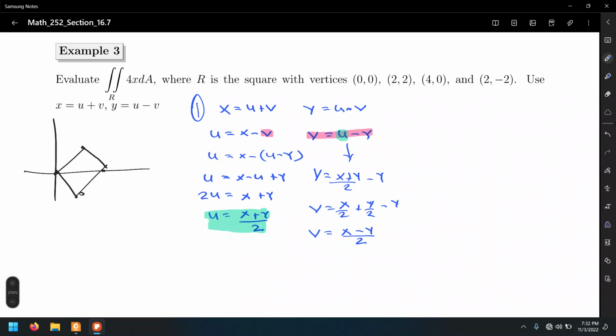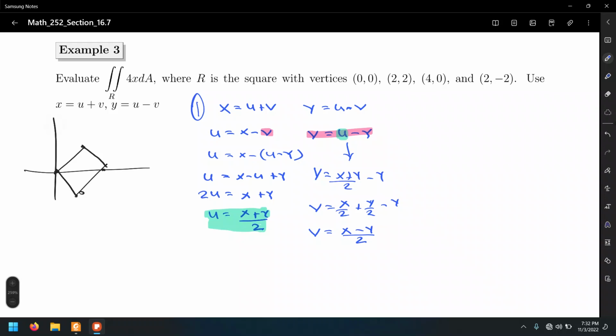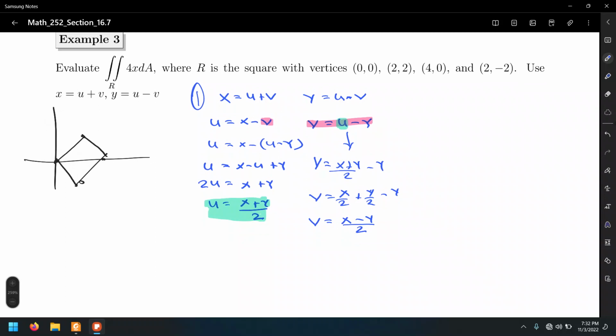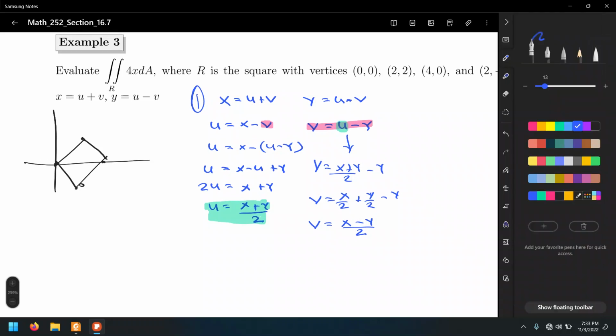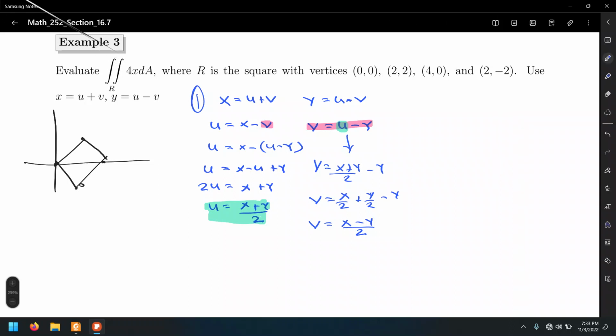All right, so what would be next? We're going to need this u and this v to substitute in the original integral, in the same way that we used x in terms of r and theta and y in terms of r and theta. We're doing essentially the same here.